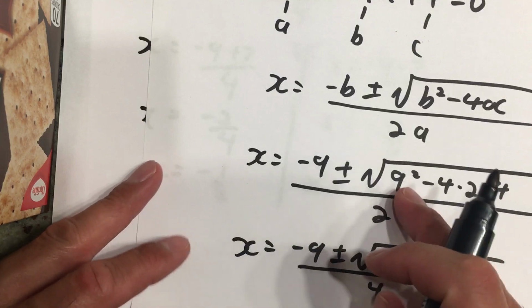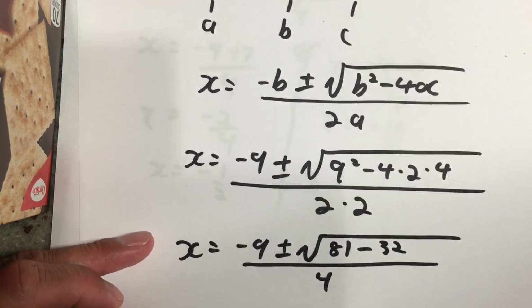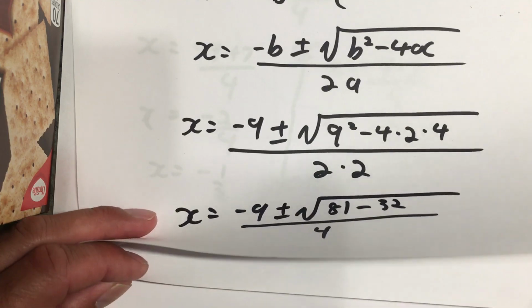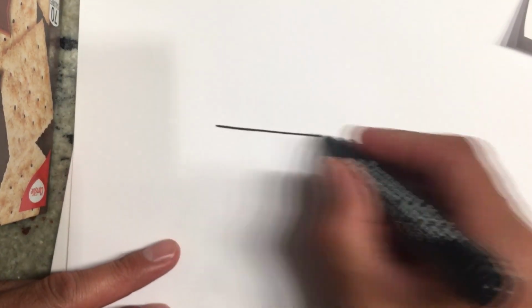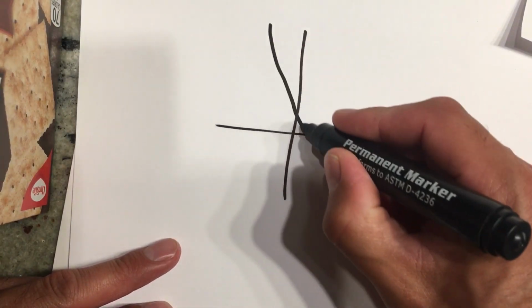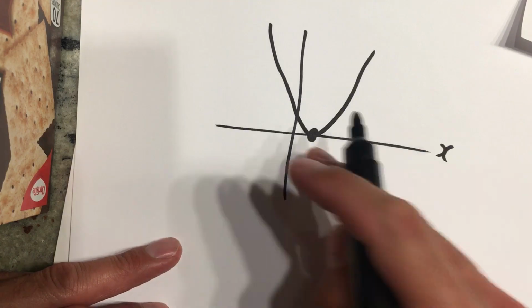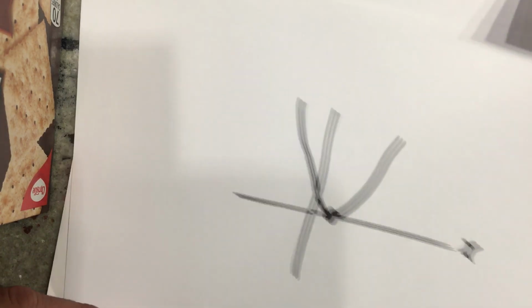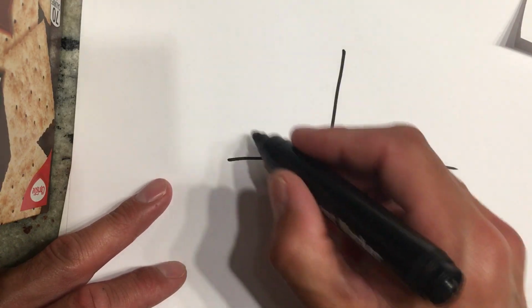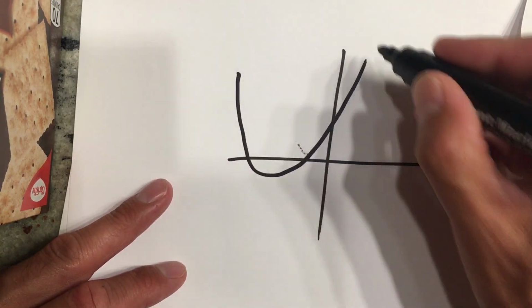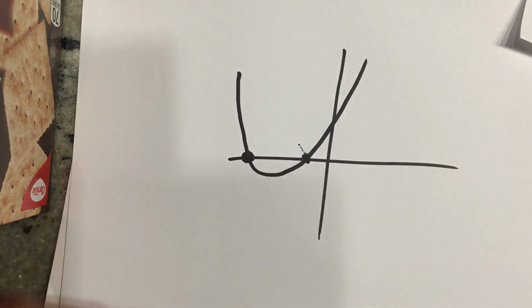Also, sometimes there's a 0 here. Plus the square root of 0 is the same thing as minus the square root of 0. It's just nothing. What that means is your quadratic equation happens to look like that, where there is only one intersection point with the x-axis. And in the example that I just showed you, there are two answers. They happen to be negative in that case, so it means your quadratic would look like that, and what you found was this spot and that spot right there.